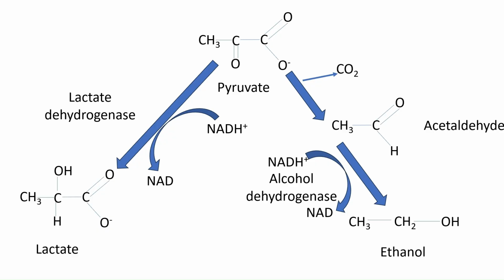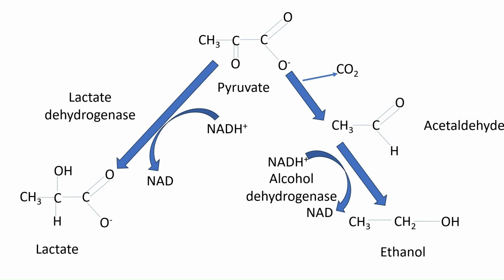Now, why are these products formed? So, under aerobic conditions, the NADH is reoxidized through electron transport chain, which has oxygen as a final electron acceptor. But under anaerobic conditions, there is no oxygen, so electron transport chain can't operate.